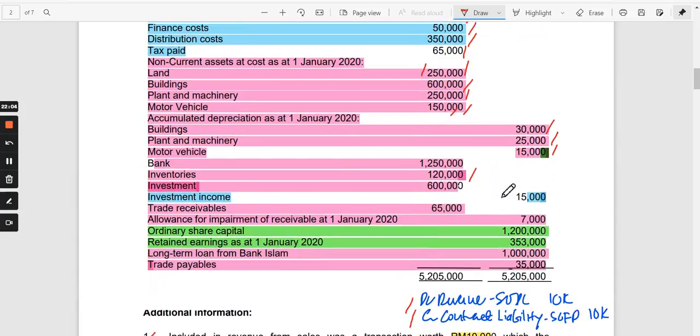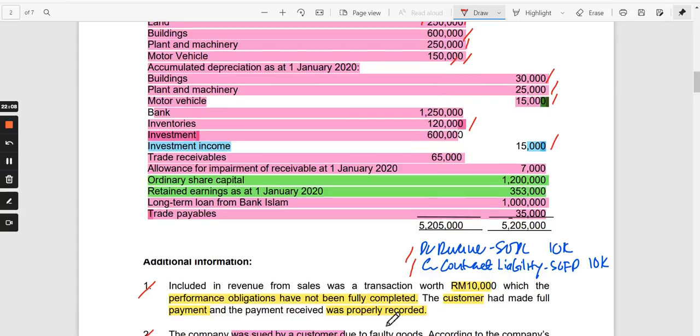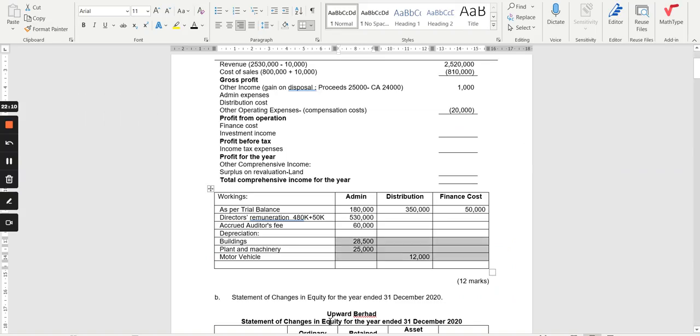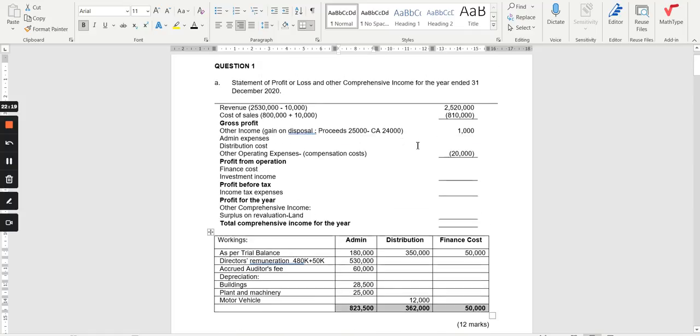Next is the item on investment income that we will also consider later. Before that, let's just get the total. This total, transfer it here for the admin and selling, the same total.